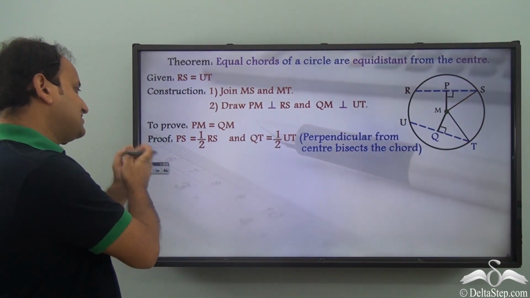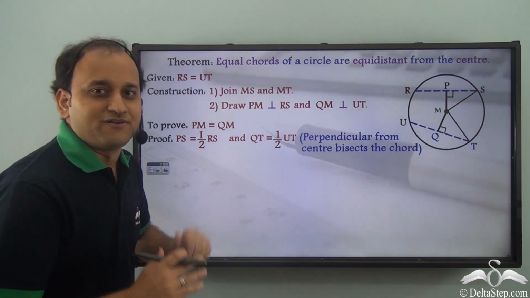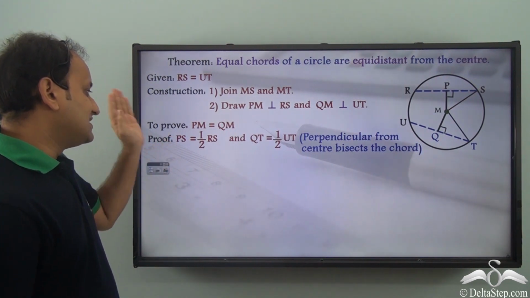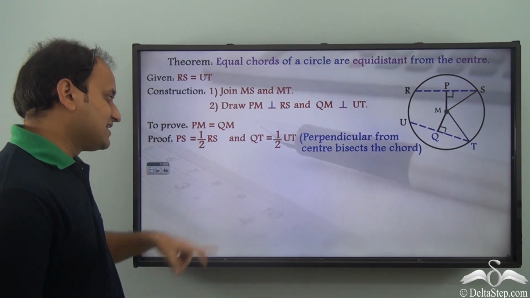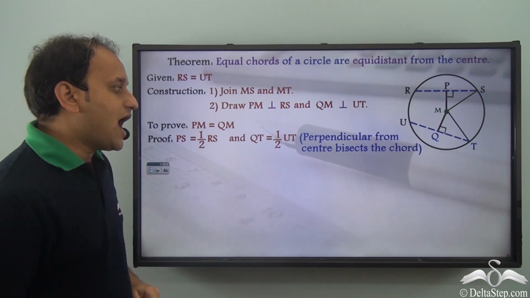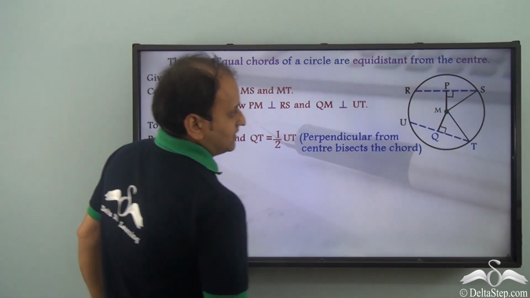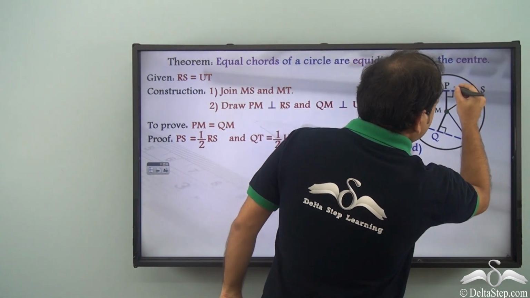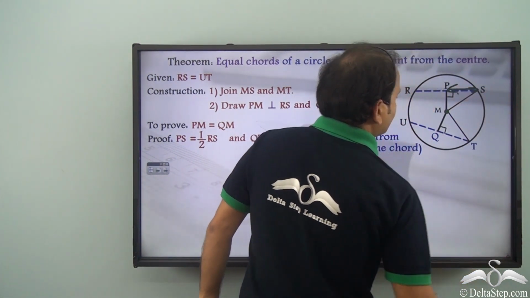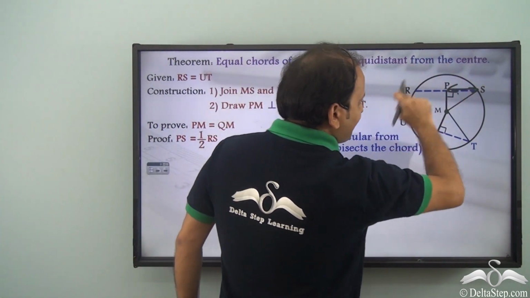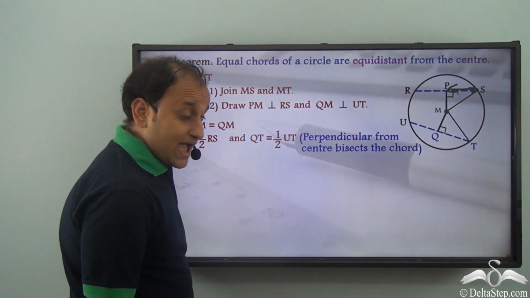First of all, let's understand one simple fact. PS is equal to half RS and QT is equal to half UT. Why do I say so? When we talk about PS, we say that PS is half RS. Why?